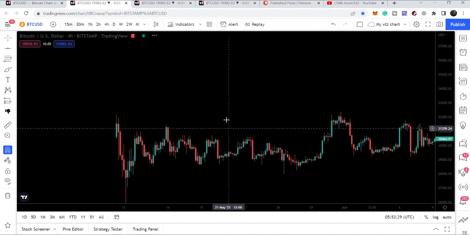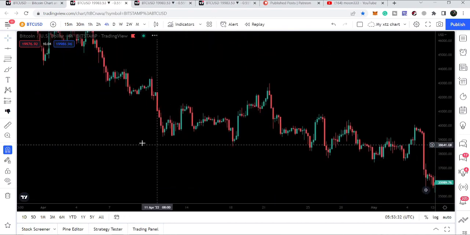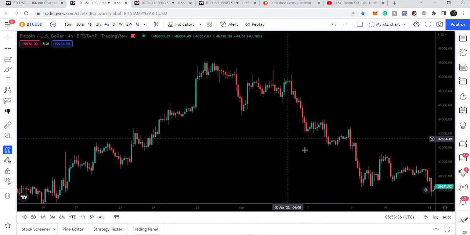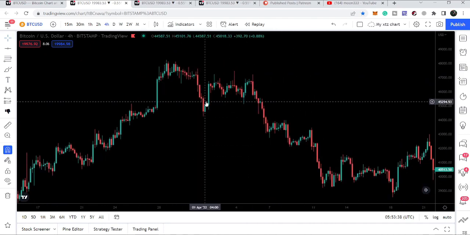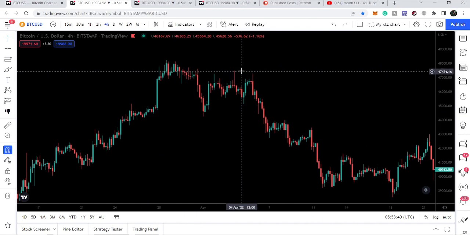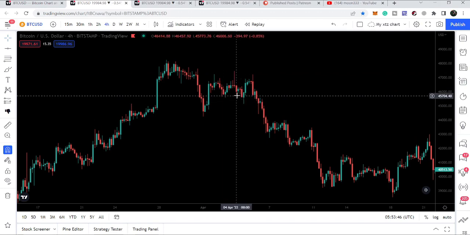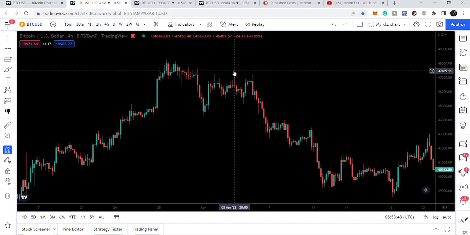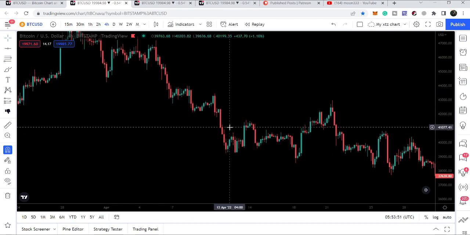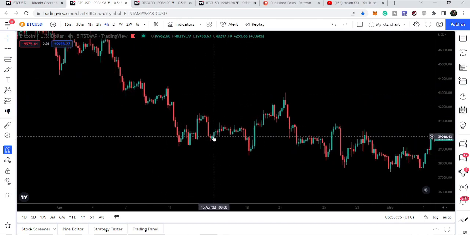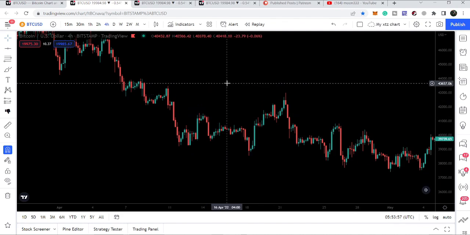Let me show you this move after March 2022, when we dropped down here. We found a resistance here that was approximately at $47,500, and you can see that even though we found a higher low, we could not break out this resistance, and we moved down, and here we again formed another higher low, and at that time we had a resistance here.